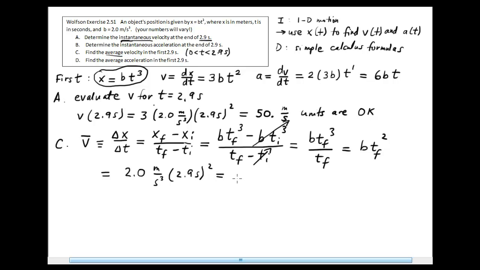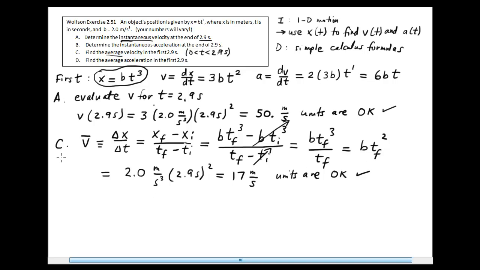The numerical value for this is right around 17. To two significant digits, it is 17. It's meters per second, because it's meters per second cubed times seconds squared. And once again, the units make sense. The units are okay here, which is about as far as I can go in the assessment step.